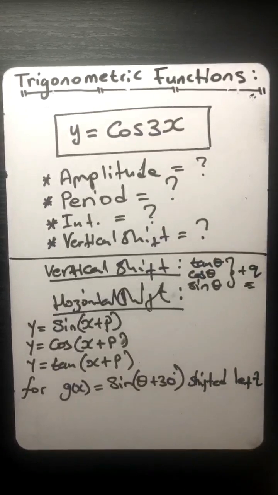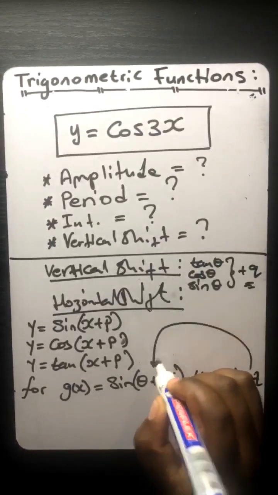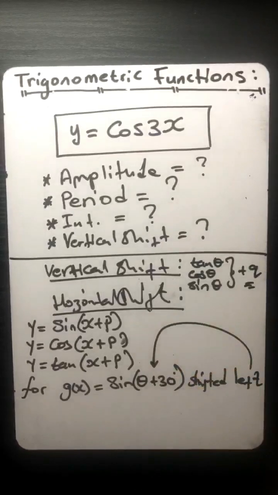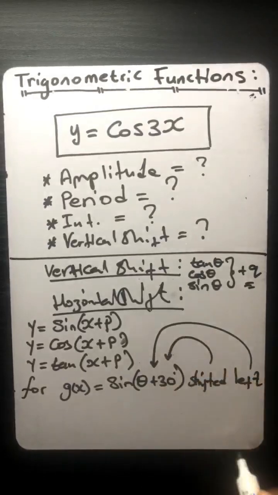What makes it shift to the left? It is because of that positive sign. By how many units did it shift to the left? It shifted by 30 degrees, by that angle.